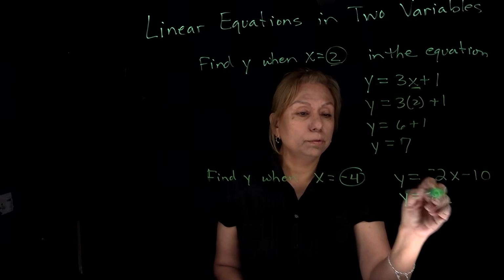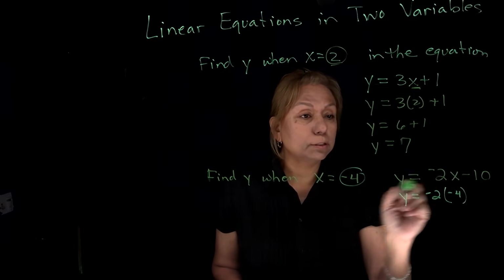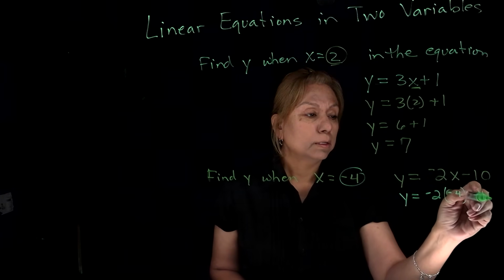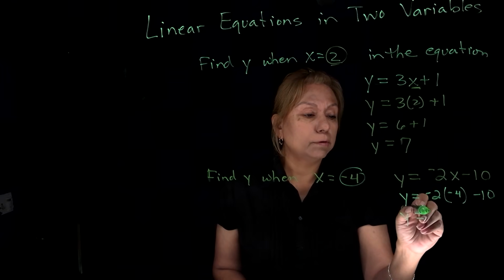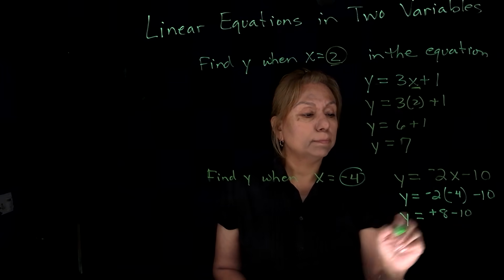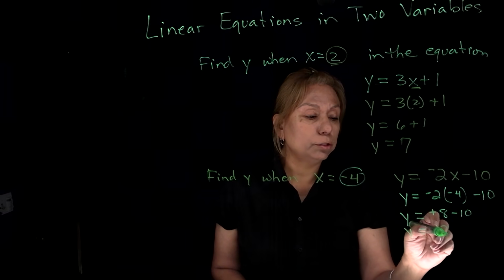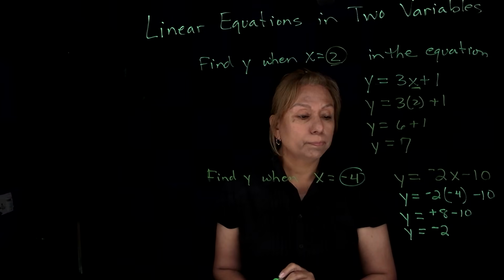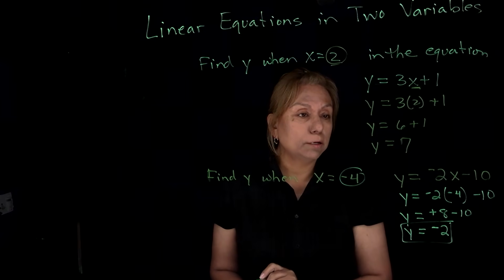So -2, this x becomes a -4. If you notice, I'm writing parentheses because we want to multiply. And then we're now solving for y. Negative times a negative is a positive. 2 times 4 is 8, minus 10. So that would be y equals 8 minus 10, which is 2, and you keep the sign of the larger. So we would get y equals -2 when x is -4.